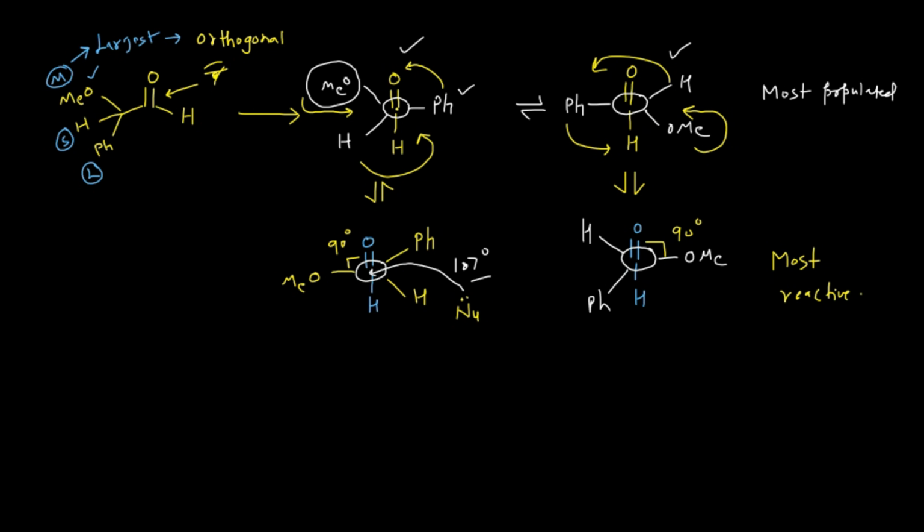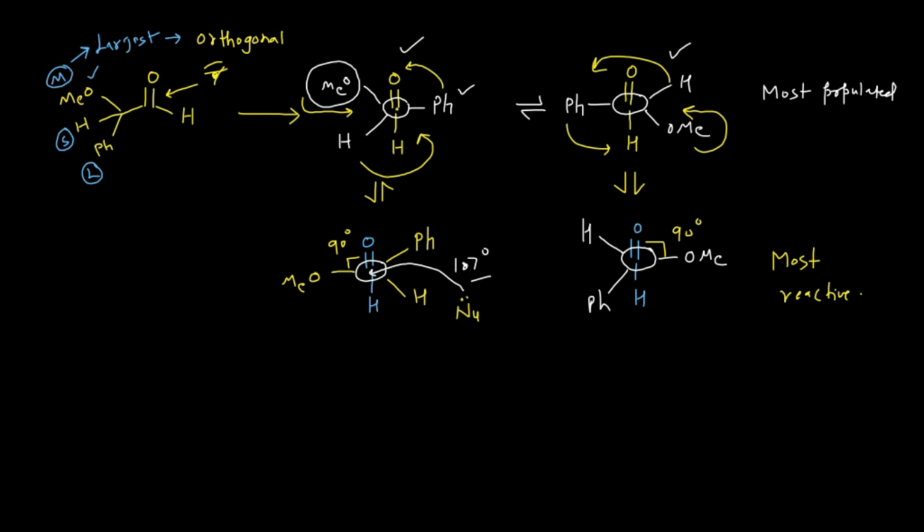Now it is quite obvious. You see, this nucleophile is here, and this hydrogen is here. The stability of these two is equivalent. The only interaction would be the repulsive interaction between this hydrogen and the incoming nucleophile.